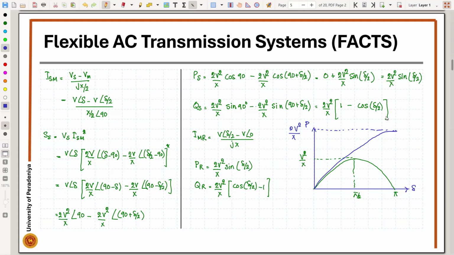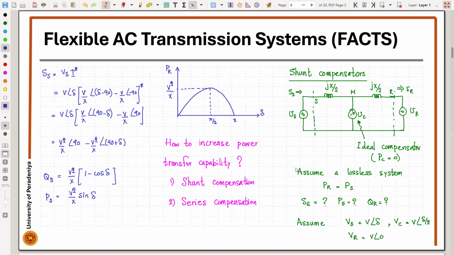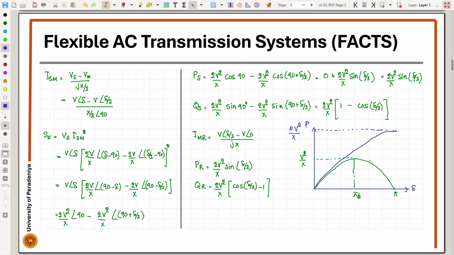So what we are going to see is that at the angle pi, we would see the maximum power transfer capability, and that would be equal to 2V squared over X. So by implementing the shunt compensator, we have doubled the power transfer capability in the line. So that is an advantage when it comes to the shunt compensator.